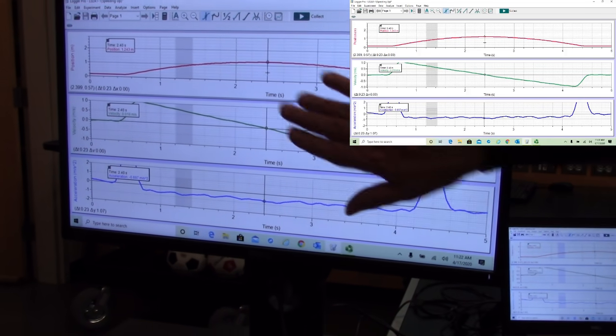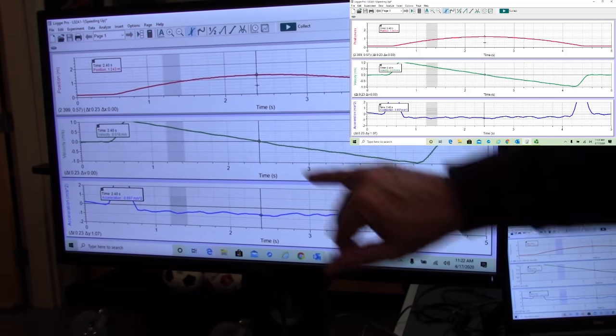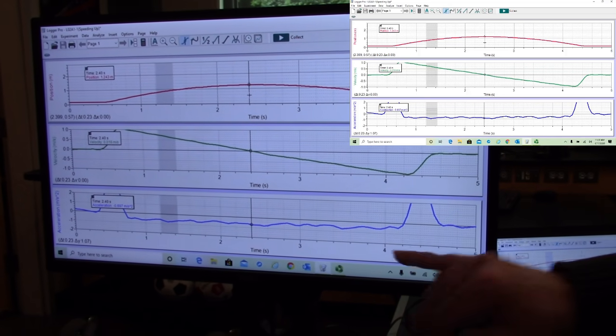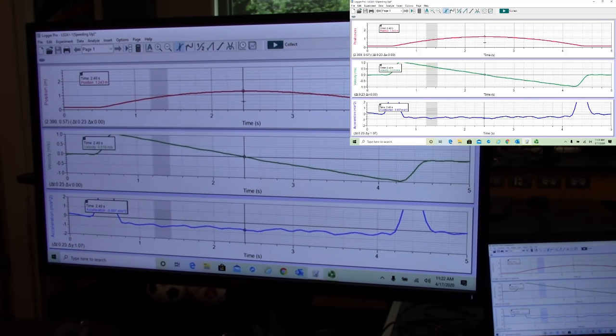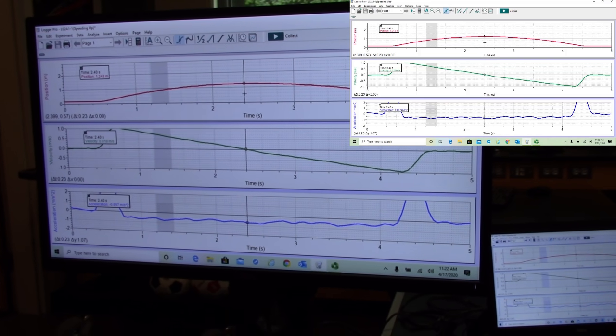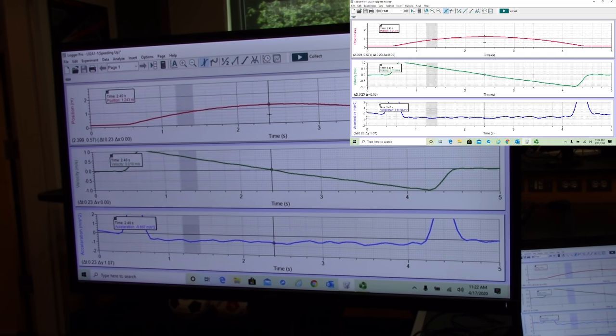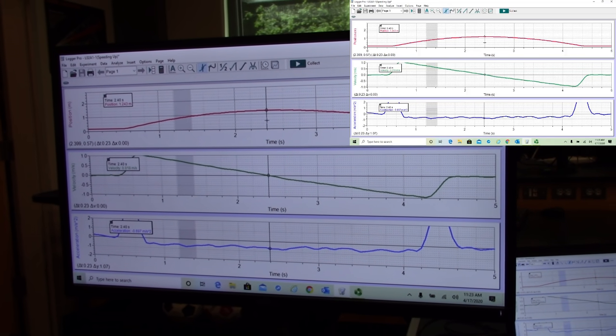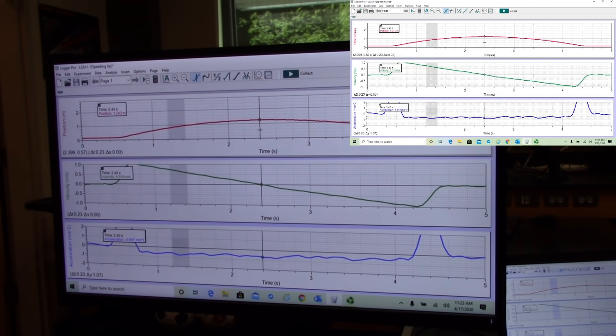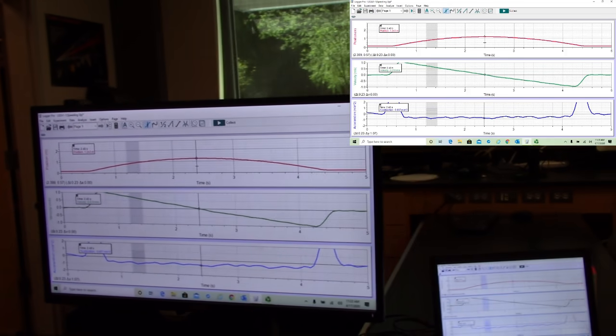So if you didn't even know about these and you were just looking at this, would it tell you where my object turns around, and specifically what features of the graph tell you that?